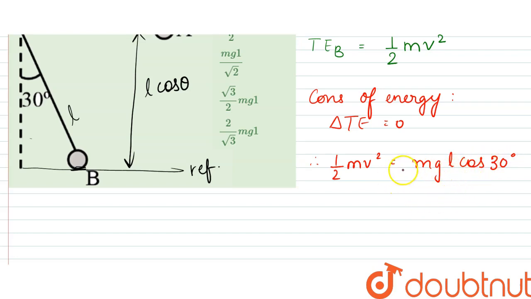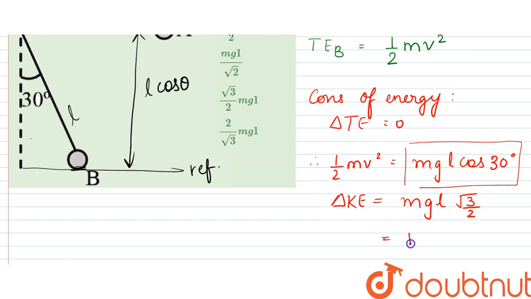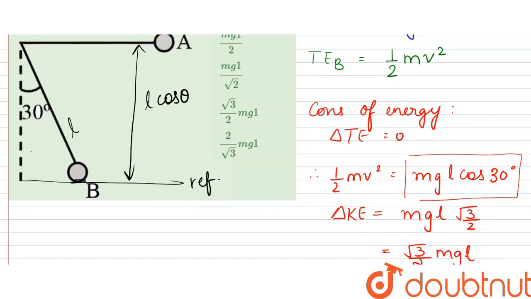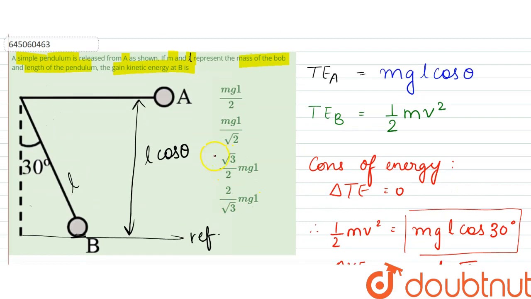So that would be the amount of gain, this is delta KE, which is equal to mgl into cos 30, and cos 30 is root 3 by 2. So our answer is root 3 by 2 mgl. That is option C.